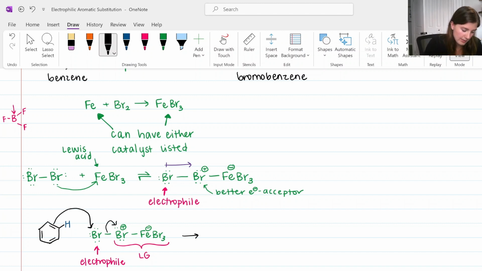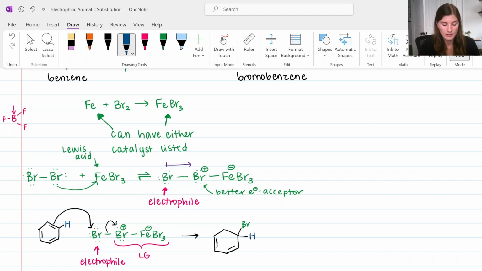So the result of this step is that we now have a broken pi bond in the benzene ring. So the two that I did not draw the arrow from are still present. But there is now a new bromine bonded, and I'm showing that bonded to where that highlighted hydrogen is. That results in a carbocation.